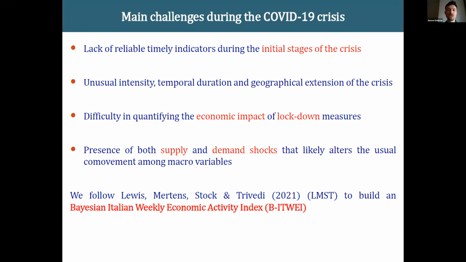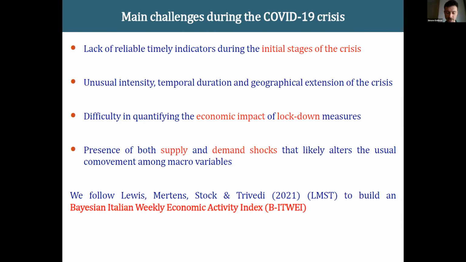So what did we do? Basically, we married the great idea of Lewis, Mertens, Stock and Trivedi, 2021, who proposed a very simple methodology, basically a principal component of data that are commonly present in the nowcasting toolbox of a central bank, in my case the Central Bank of Italy.